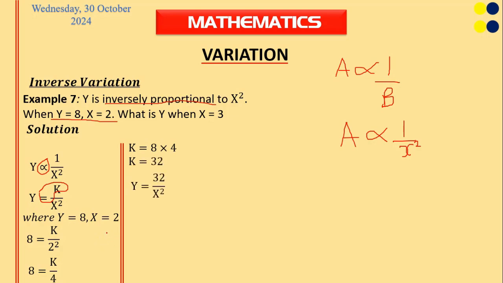So from that we have our equation connecting y and x squared. The question says we should find the value of y when x is equal to 3. So just slot in the value of x: 32 over 3 squared, that is 32 over 9, which is 3 and 5 over 9.